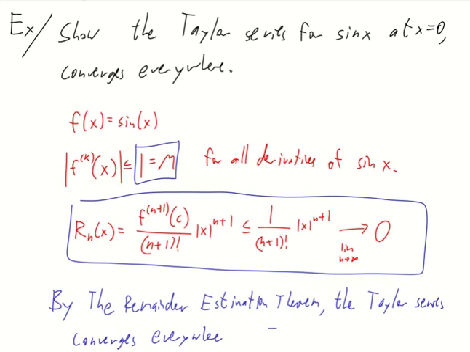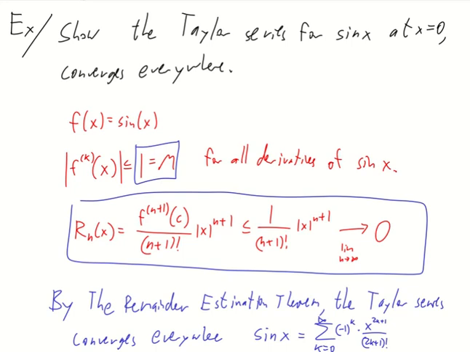So the sine of x is equal to the sum from k equals 0 to infinity of negative 1 to the k times x to the 2k plus 1 over 2k plus 1 factorial, which we already looked at, right?